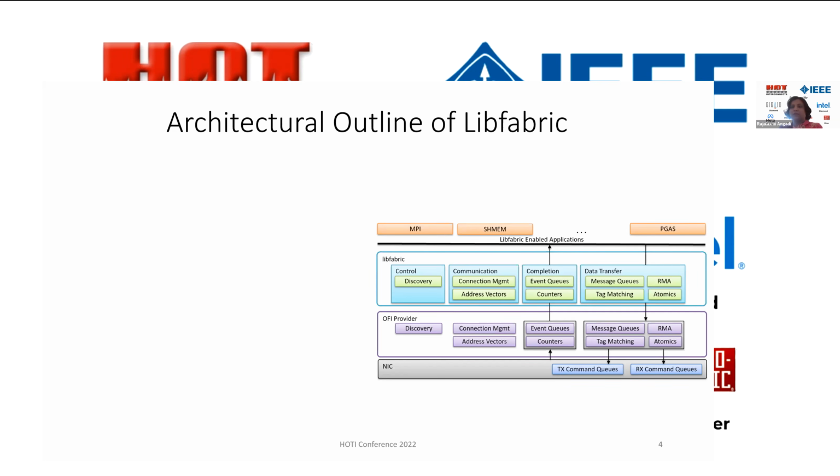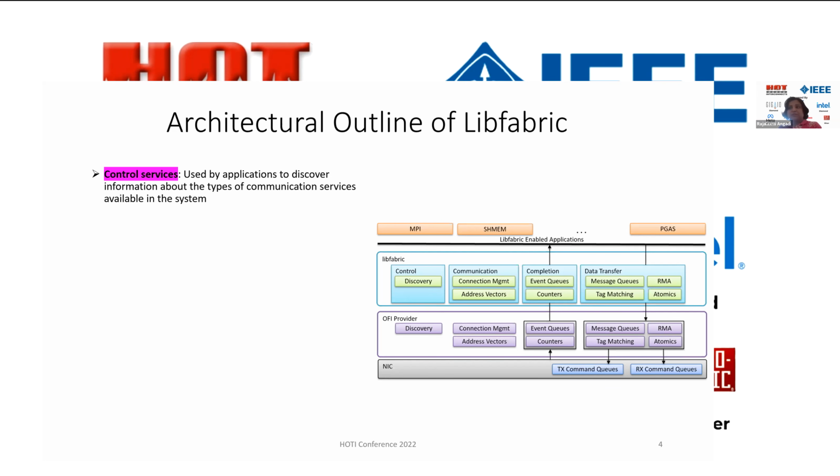So Libfabric caters to these major 4 verticals of services, like you see here. There are control services, which are used by the applications to discover information about the types of communication services that are available in the system.